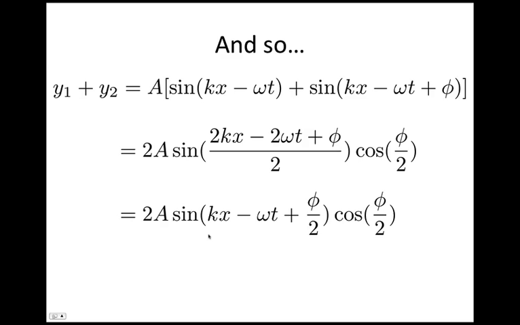And you can see this here is our formula for a travelling wave. We've got sin(kx − ωt + φ/2). Our phase has changed a little. This cos(φ/2) is a constant once we've set the initial phase difference between the two waves. And so the 2a cos(φ/2) is the new amplitude for our sine wave.